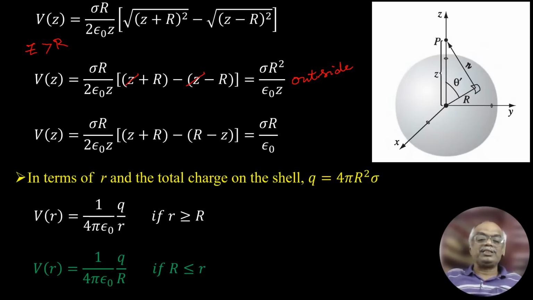In this case, r and r will get cancelled, and z minus of minus z is plus z, 2z. So 2 will get cancelled, and z also will get cancelled. You will get sigma r divided by epsilon naught. So now this is inside.